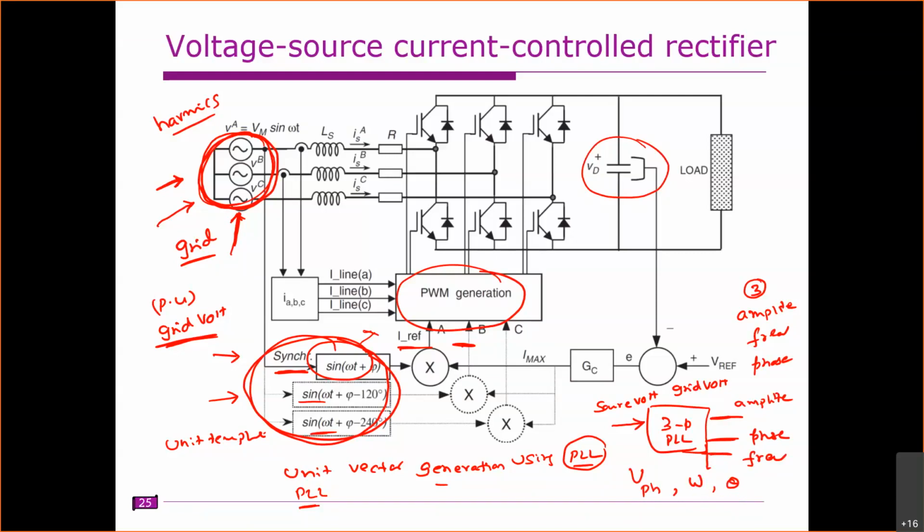So V phase, omega and theta are the outputs of this phase lock loop. We are giving the three phase grid voltages to a three phase PLL. The expected outputs are the phase voltage, the angular frequency, and the phase displacement, that is theta, right?